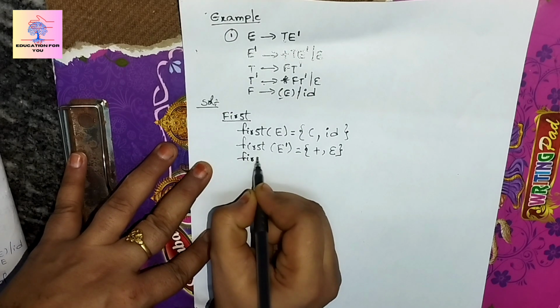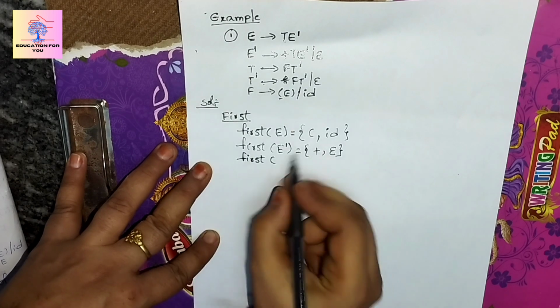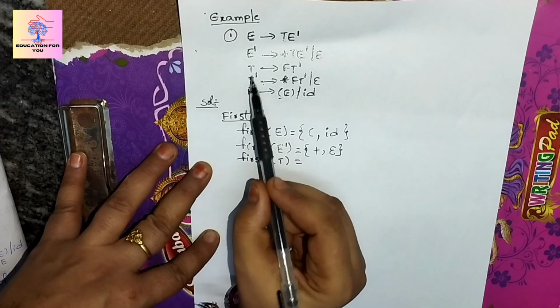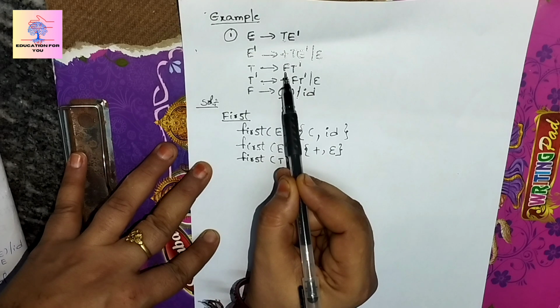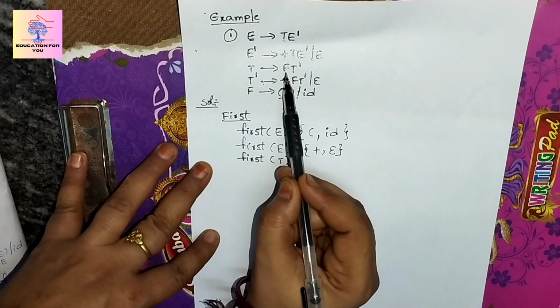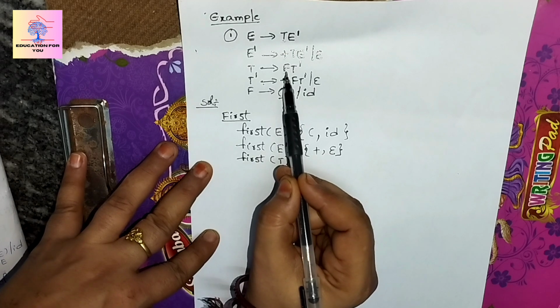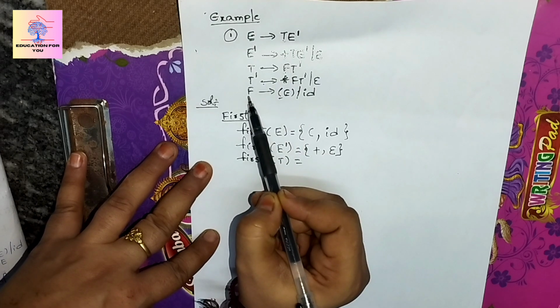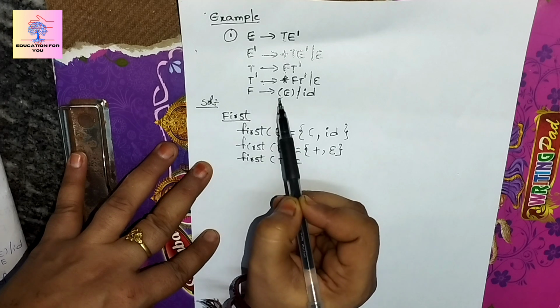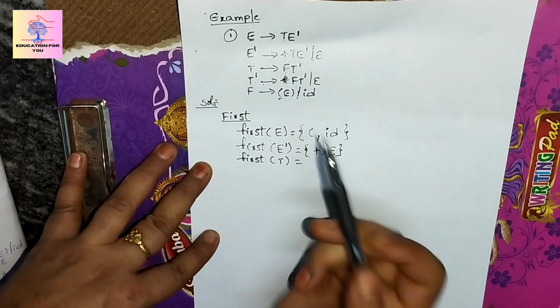Now you have to calculate the first of T. What is the first symbol here? It is F, a non-terminal, so again you have to calculate the first of F also. Now search for F. Where is F? Here F is there. What is the first of F? Open parenthesis comma ID.